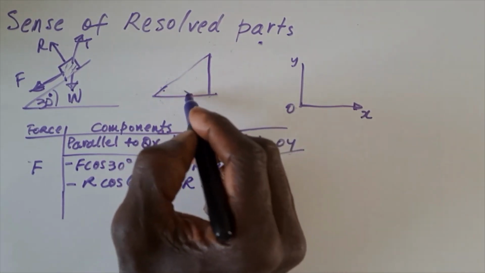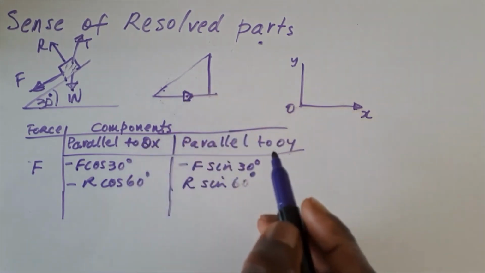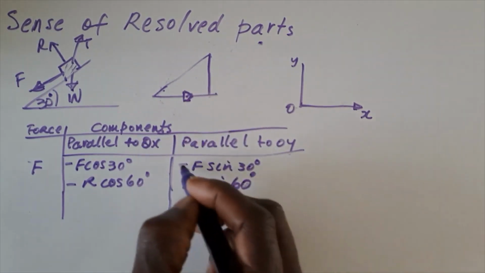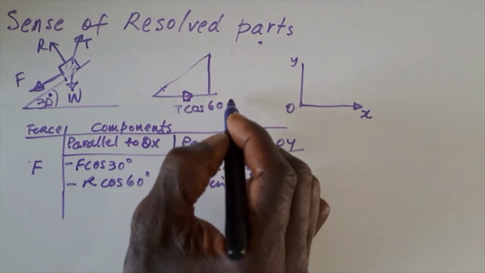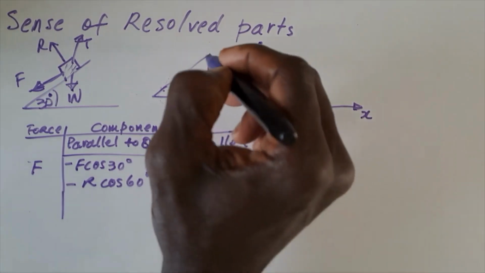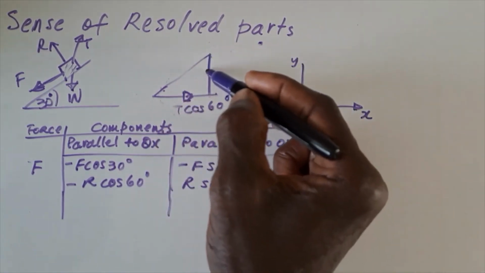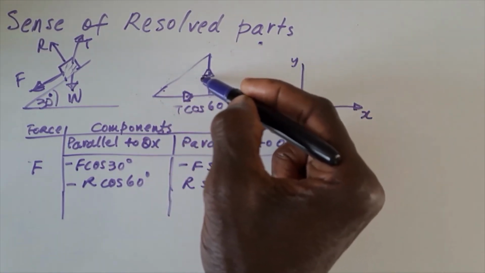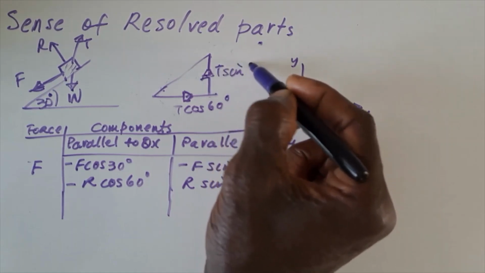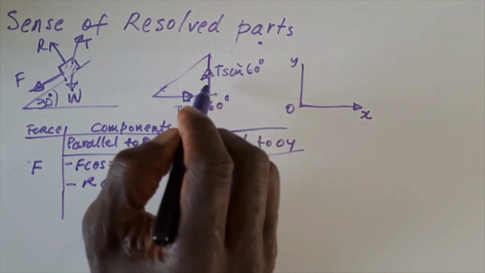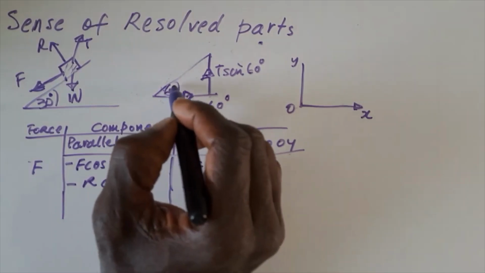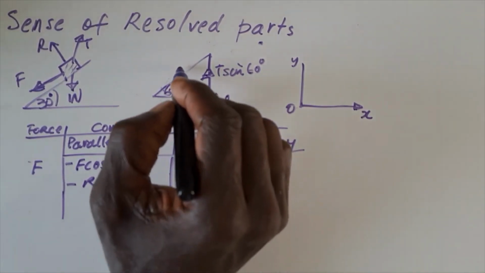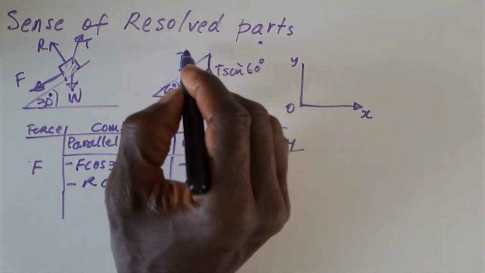We had T cosine 60, T sine 60, this being 60 and T acting in this direction.